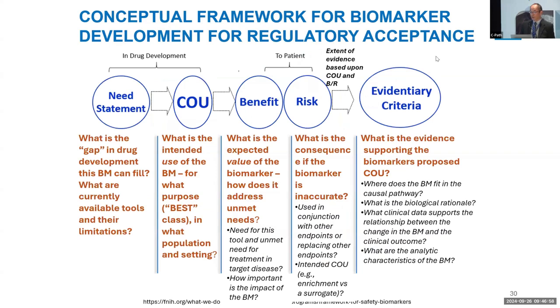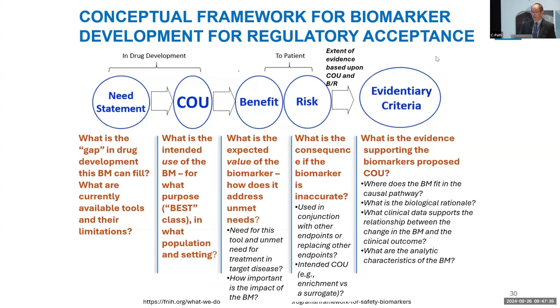This is another very complicated slide, but I just wanted to mention that evidentiary criteria are driven all the way from the need statement, COU, and benefit and risk. So I already mentioned that tailor-made drug development needs are essential to create a very tight context of use. And once the context of use is created, you may want to consider the benefit and the risk of such a tool.